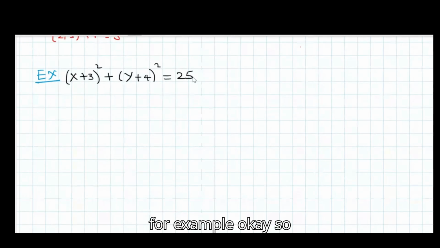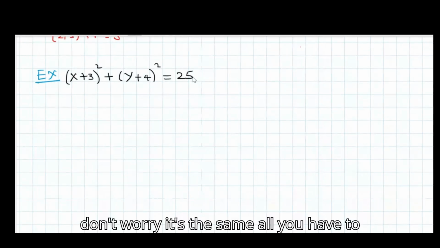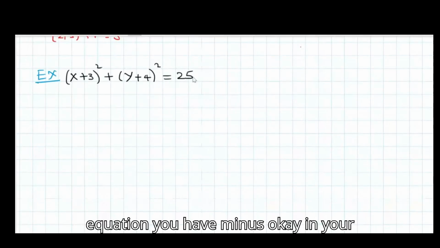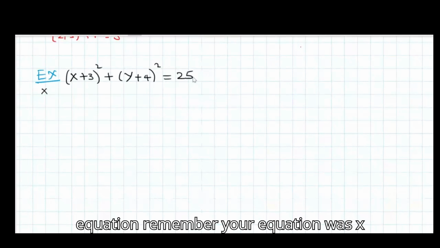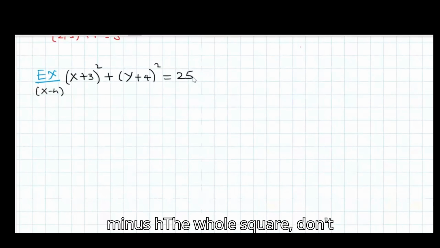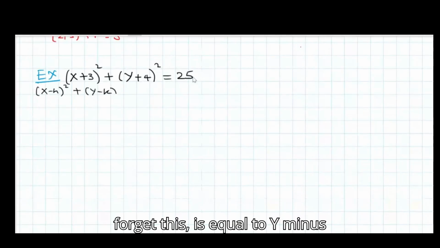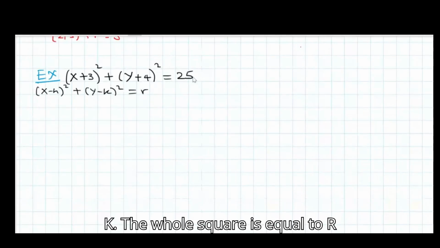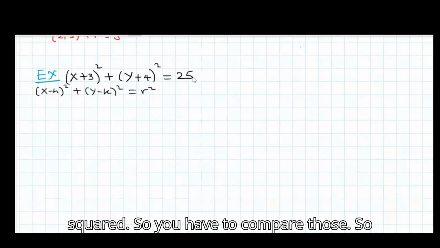Don't worry, it's the same. All you have to do is remember, in your equation you have minus: x minus h, the whole square, plus y minus k, the whole square, is equal to r squared. So you have to compare those.